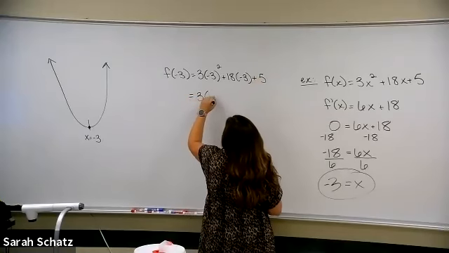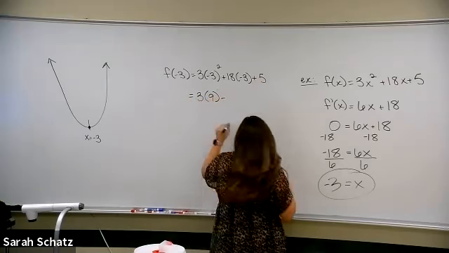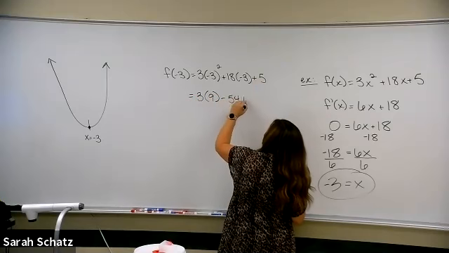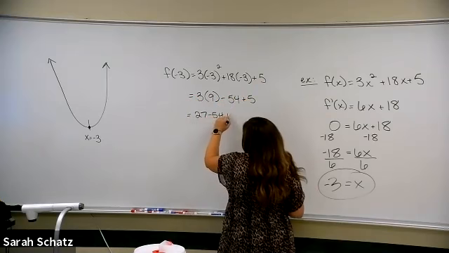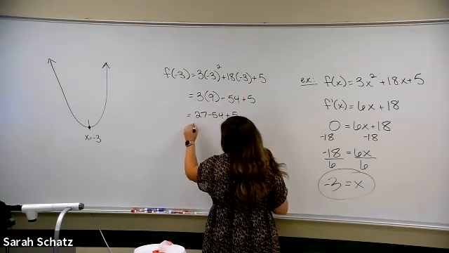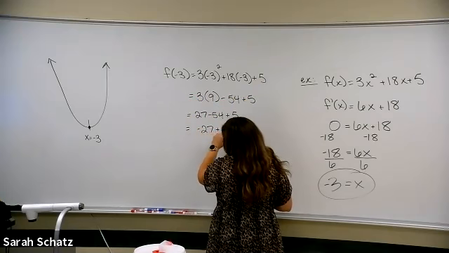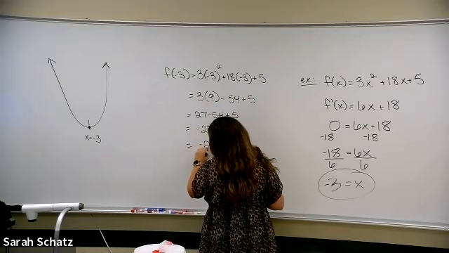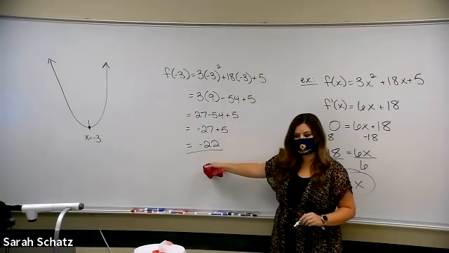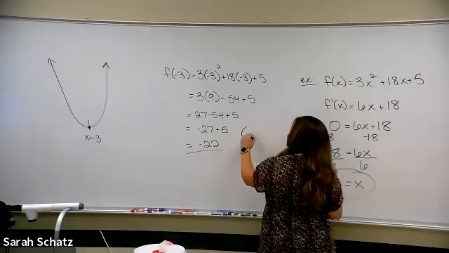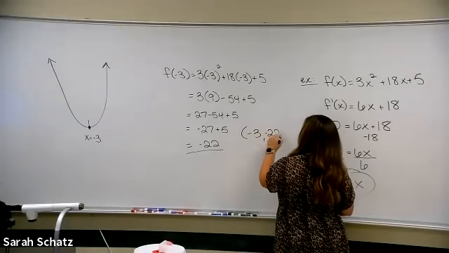So 3 times 9 minus 54 plus 5. All right, so 27 minus 54 is -27 plus 5, and I'll get -22. See, guys, if I ask for the y value at the critical point, here it is. So your critical point occurs at -3, and the value there is -22.